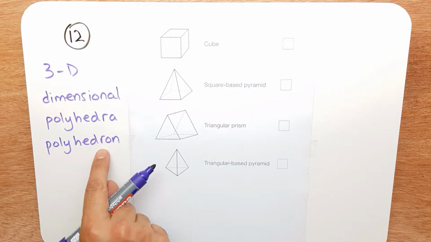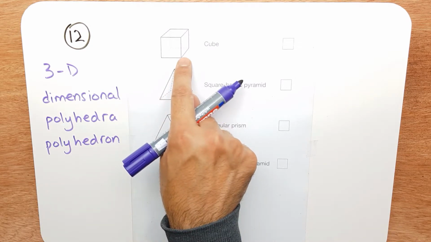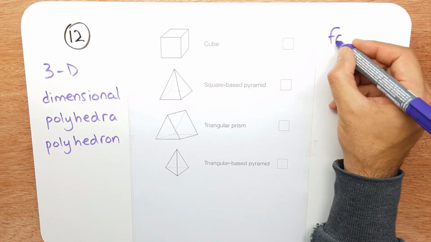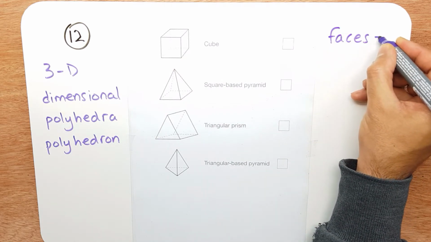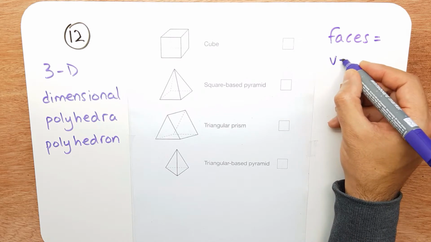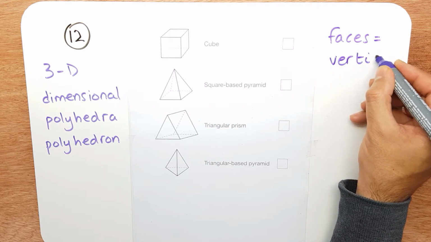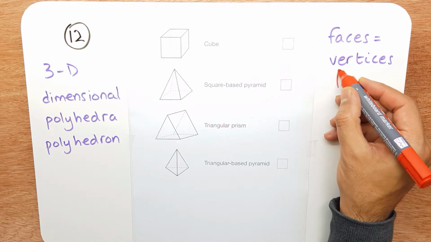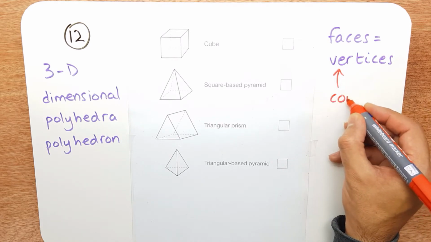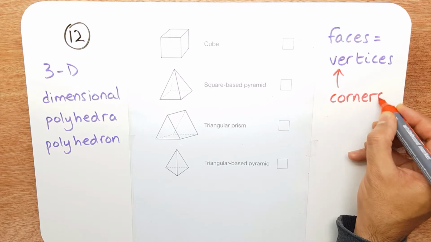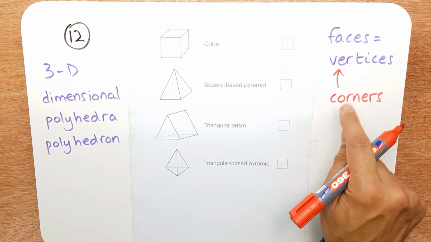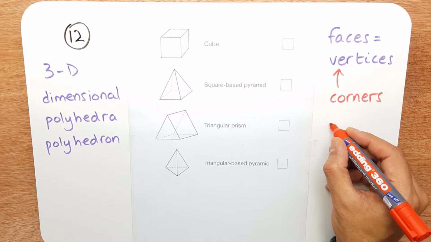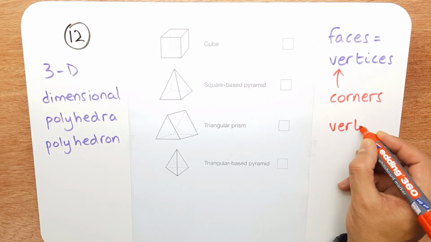Now we're asked to work out which shape has the same number of faces as it has vertices. Now, vertices is just another name for corners, and singular for one corner we would use the word vertex.